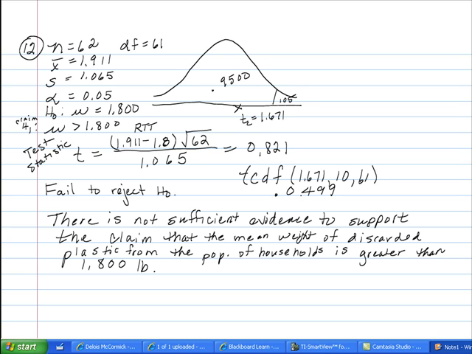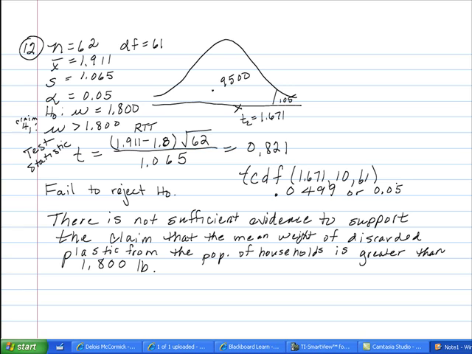Was I supposed to use a 90% confidence? Let's see. Equals 0.05. Okay, they're getting a different p-value from technology, so let's do it with the calculator so that I'm making sure I'm doing everything right.